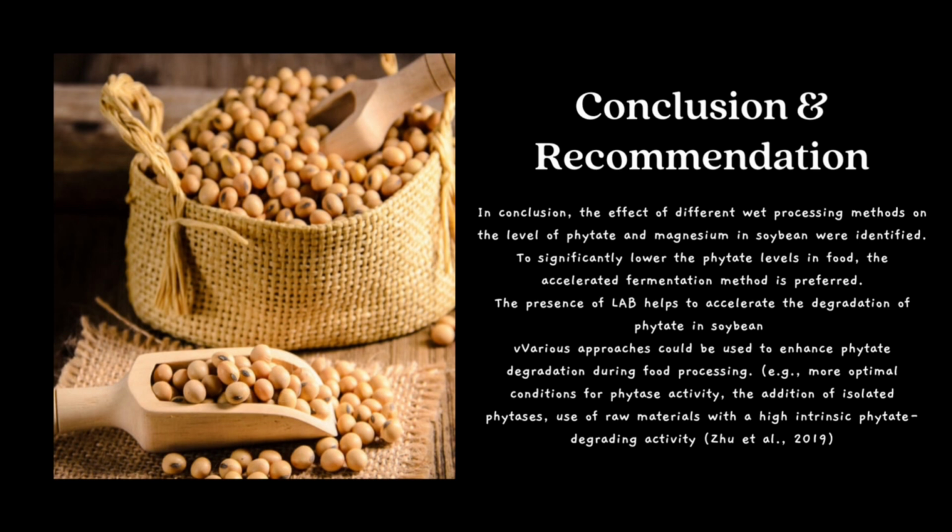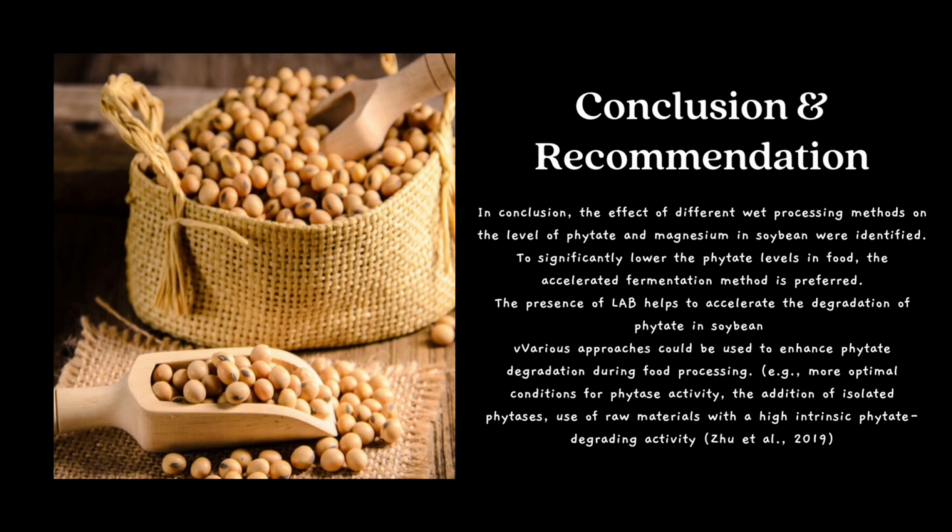And during the soaking process, the magnesium levels increase, but it increases even more after the process of accelerated fermentation. This is due to the presence of lactic acid bacteria that was combined with the soybean sample during the process of accelerated fermentation that helps to accelerate the degradation of phytate in soybean.